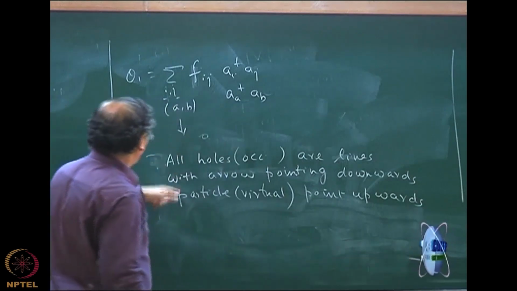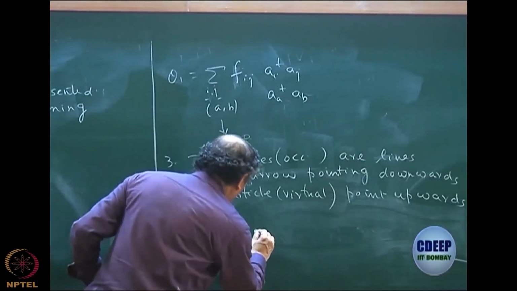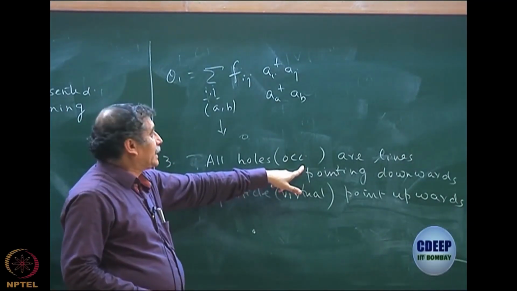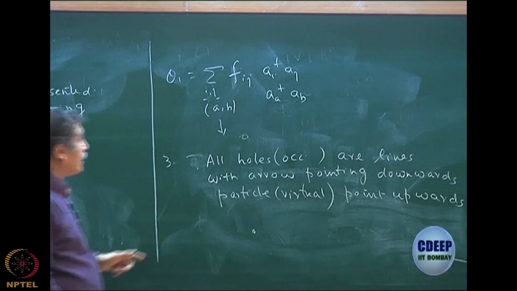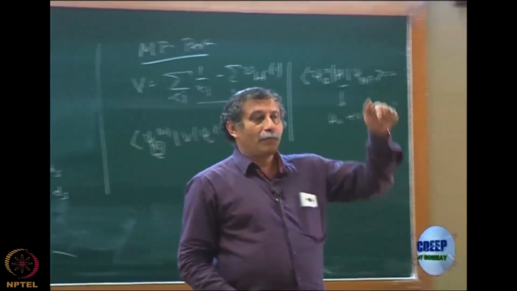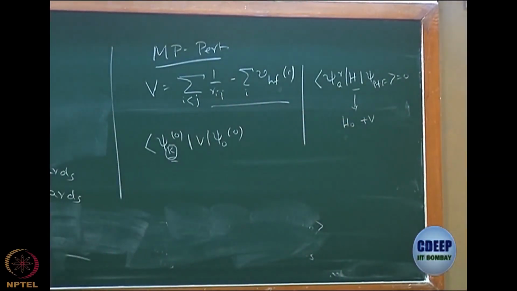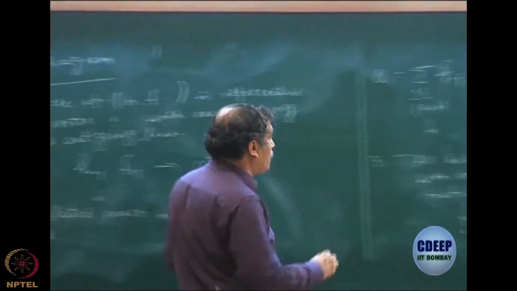Now with rule 3, you try to represent this. My A_b is an occupied orbital, but it is an annihilation operator. So first, it must be incoming, and it must have an arrow pointing downwards. So a line pointing downwards comes into the vertex. It must come only from the top and be like this. So this becomes my b.